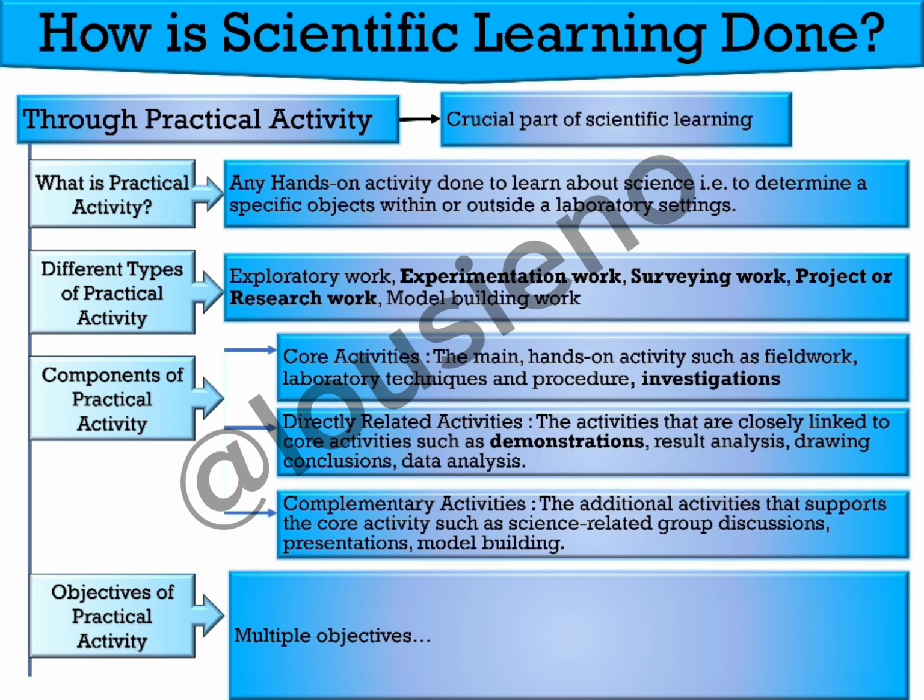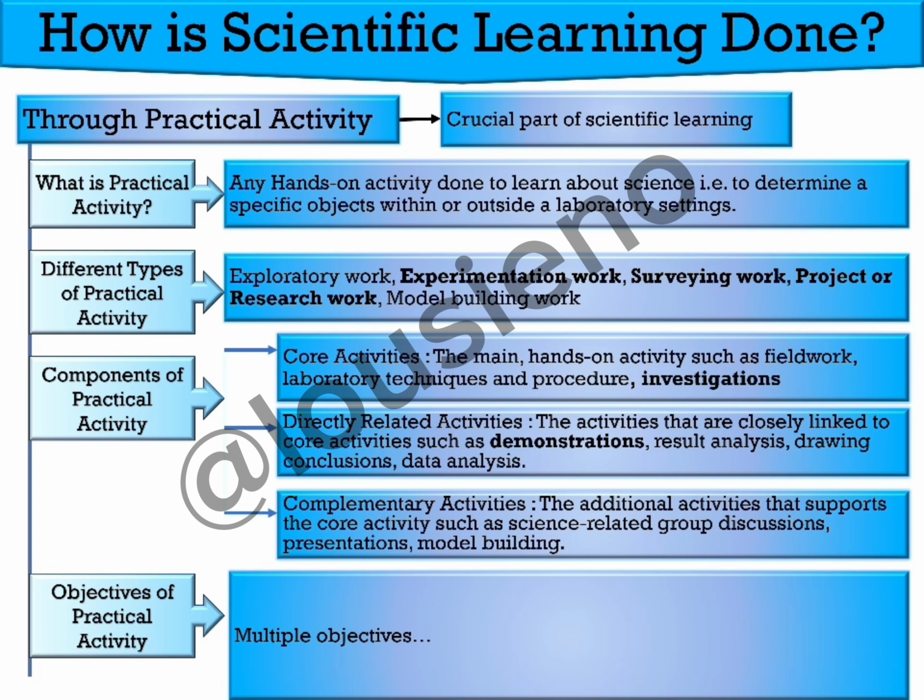Practical activity is any hands-on activity done to learn about science, that is, to determine specific objects within or outside a laboratory setting. There are different types of practical activity or work, such as exploratory work, experimentation work, surveying work, project work, research work, and model building work.